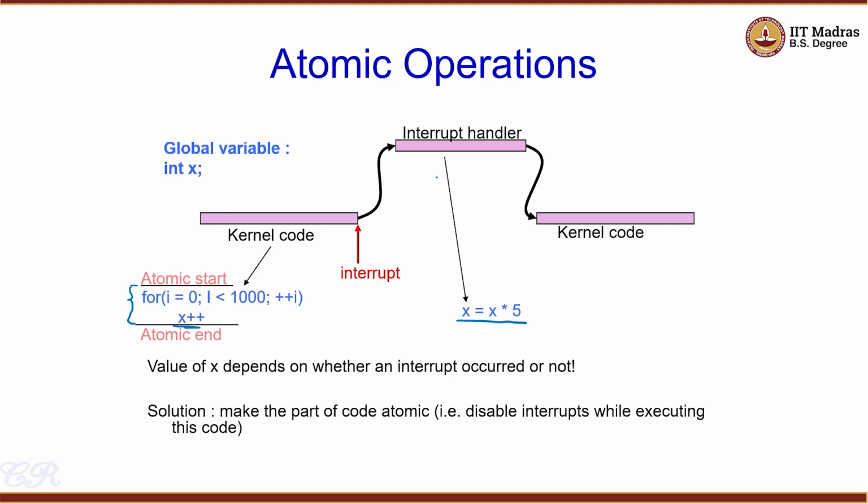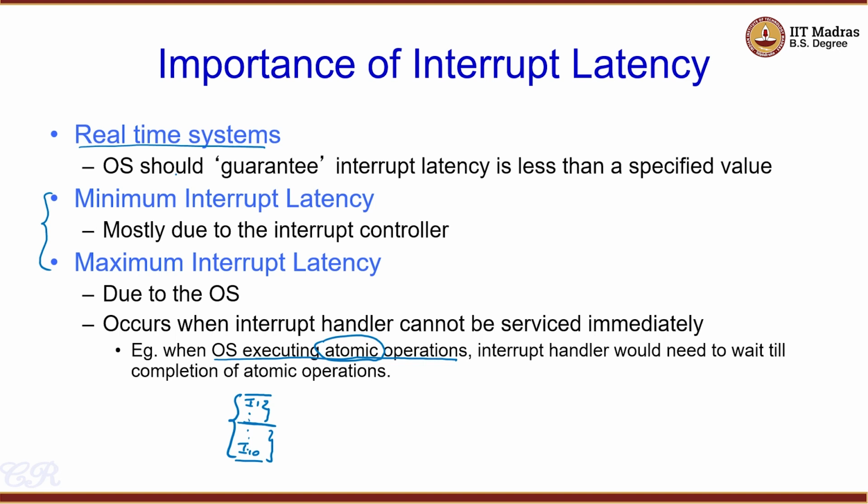So one should be very careful about how the OS is designed so as to eliminate such unnecessary waits on such critical variables or critical regions such as x, right. And if we can make this very deterministic, where the maximum interrupt latency can be bounded, then such systems would be useful in real-time environments like automobiles and so on.